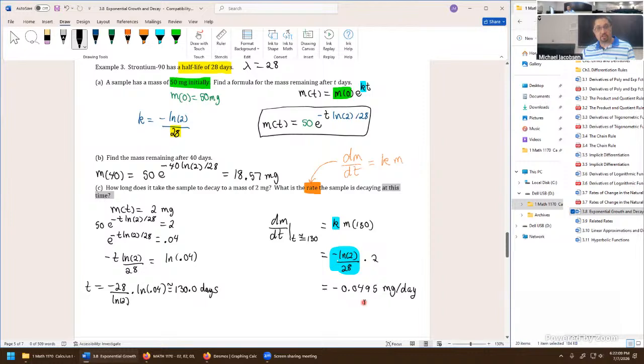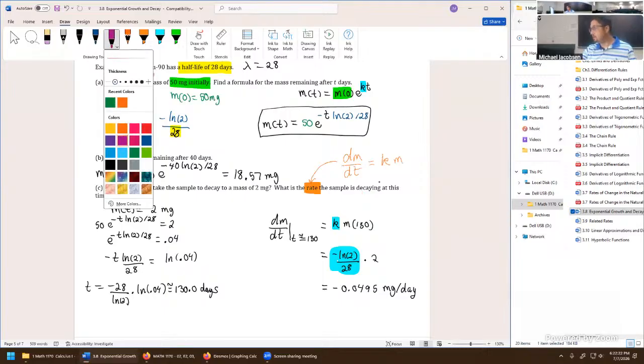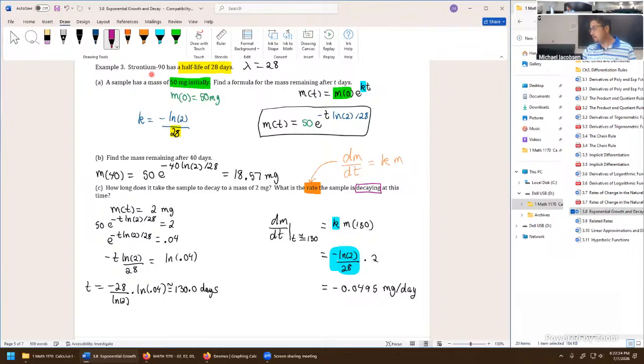So it's a small decay rate because there's not much mass left over 130 days into this experiment. And also recall where it said decaying, that is a reason we have a negative sign. It must be negative.